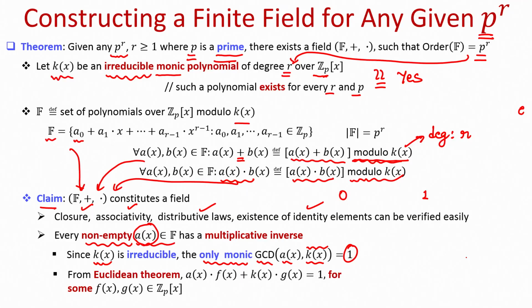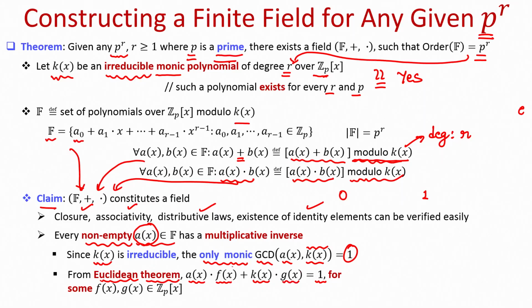That means I can now apply the Euclidean GCD theorem. As per the Euclidean GCD theorem, the GCD can be expressed in terms of the individual polynomials themselves. My individual polynomials are A(x) and K(x). Then as per the Euclidean theorem, I can find, in quotes, linear combiners.